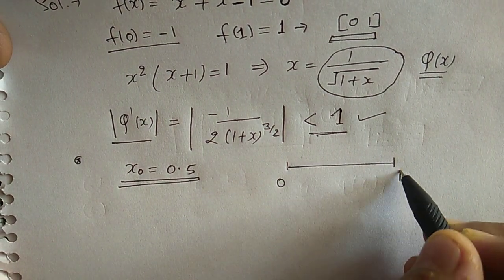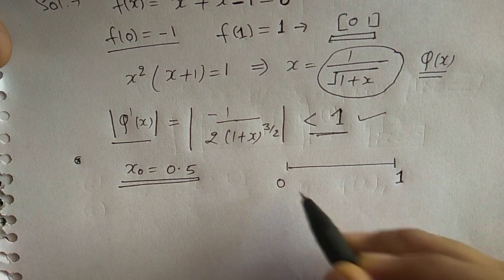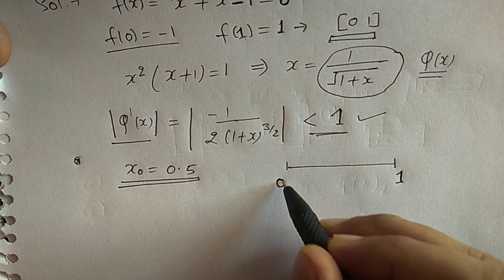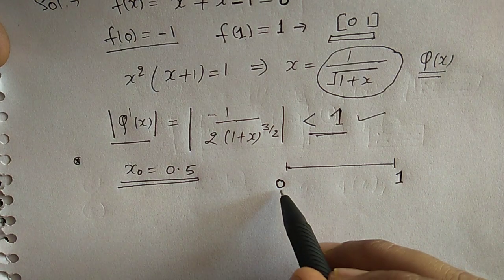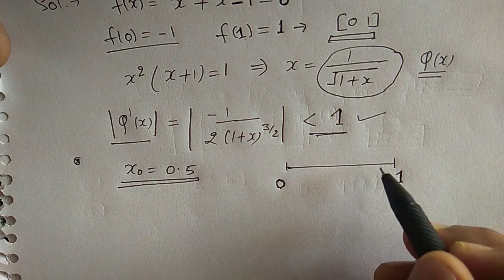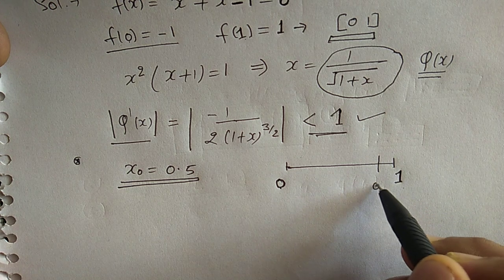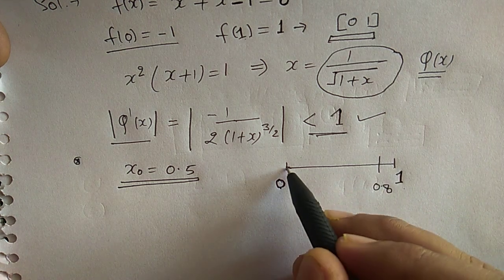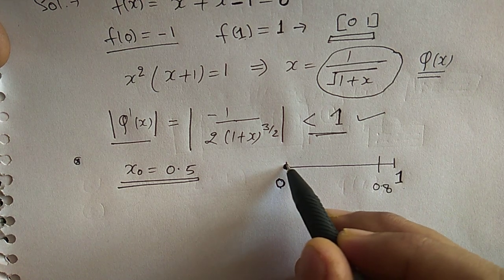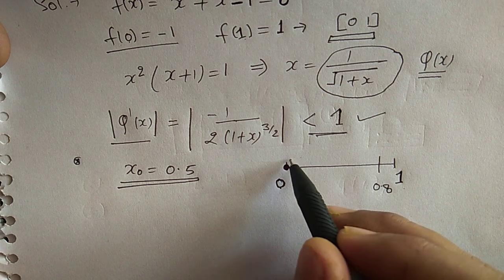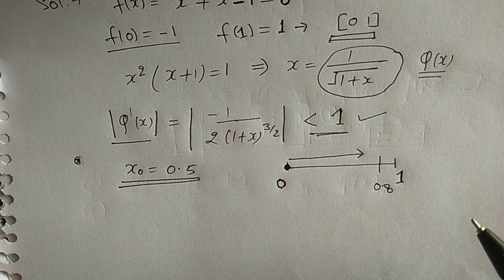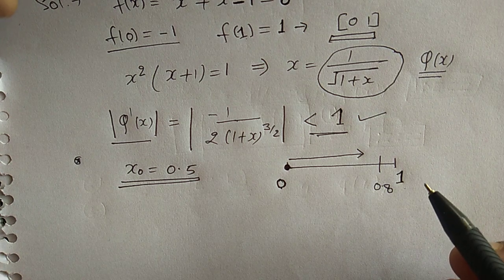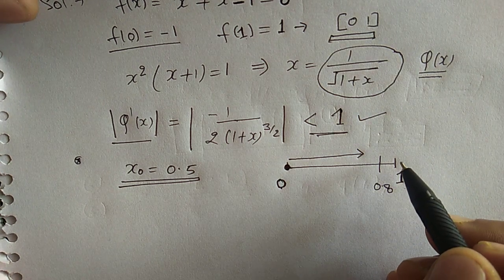Let me explain the logic behind the initial guess. We don't know where the root is, we know only that it lies between 0 to 1. If the root is 0.8 and you take 0 as the initial guess, you have to move from 0 to 0.8, so it will take more iterations.